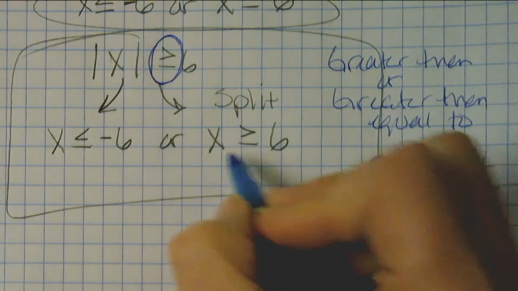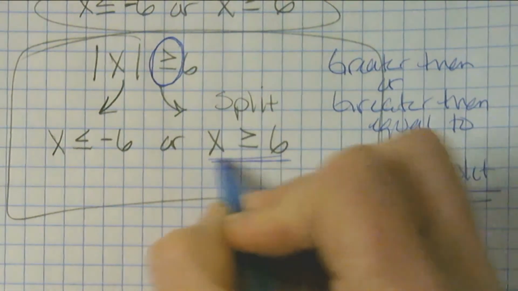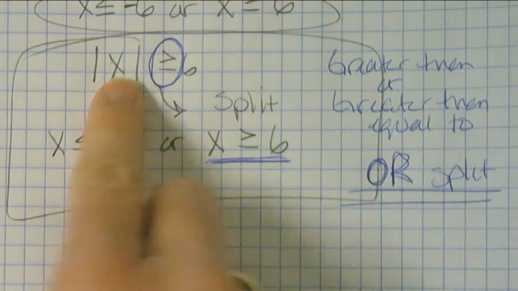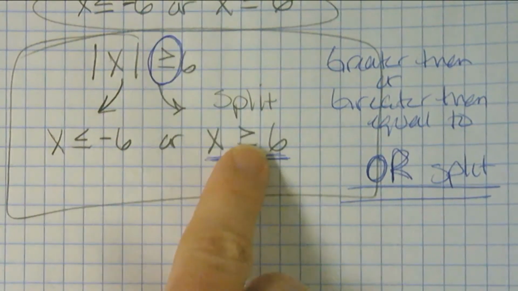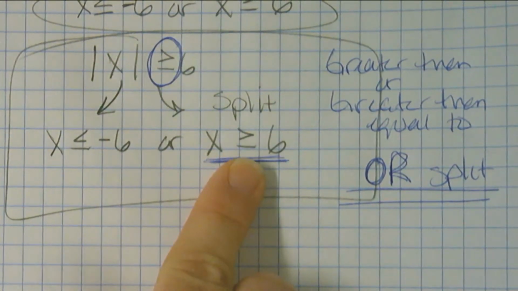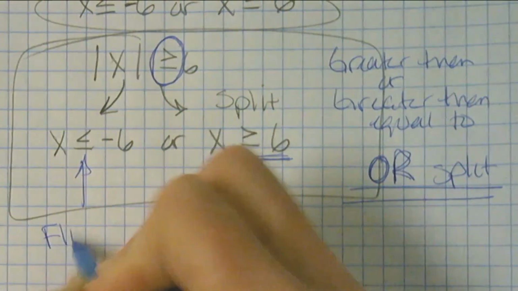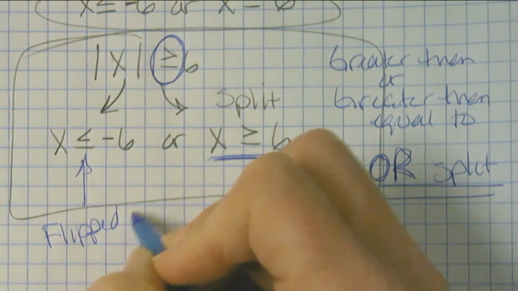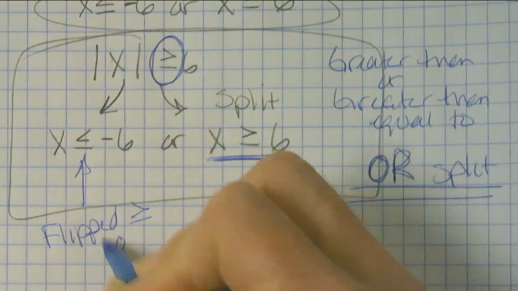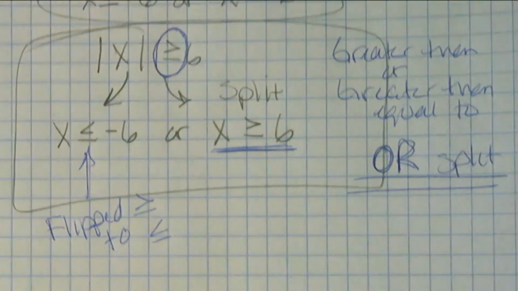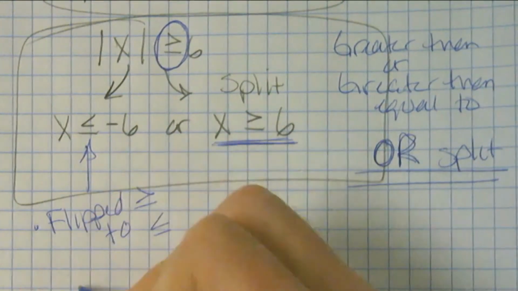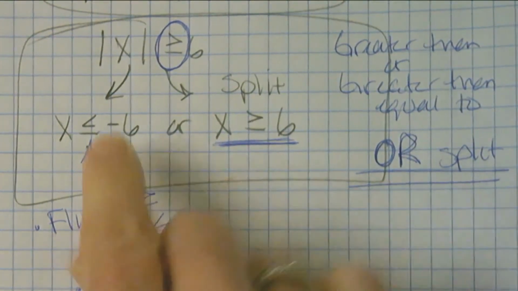So one of them is going to look exactly the same as the original: x is greater than or equal to 6. The other one, we flipped the symbol. We flipped the greater than or equal to to less than or equal to, and then we had our negative 6.